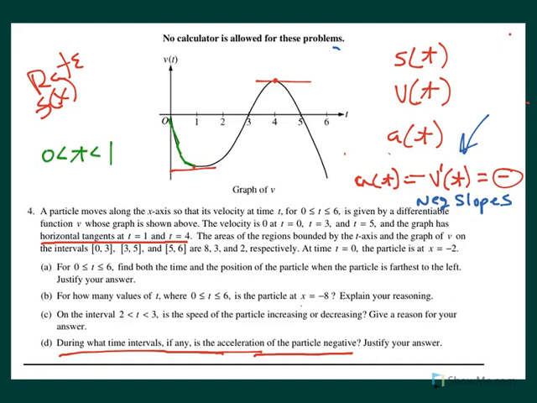From 1 to 4, you're going to have positive slopes. And then after 4, from 4 to 6, the end of the time interval, you're going to have negative slopes again. So where you have negative slopes is where your acceleration is going to be negative.